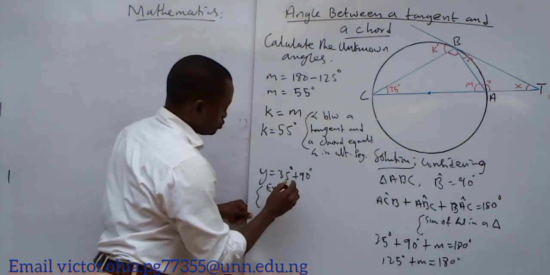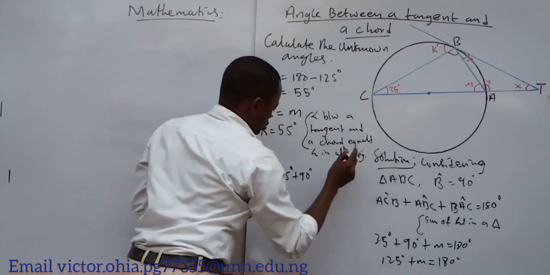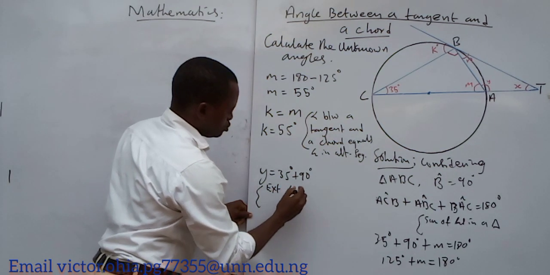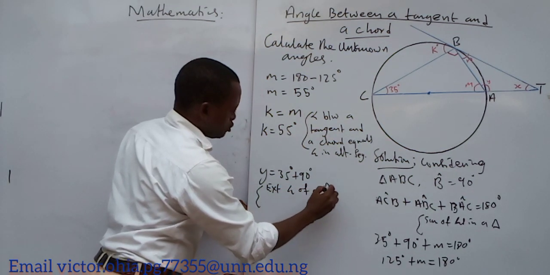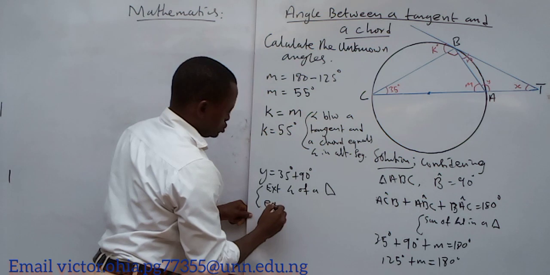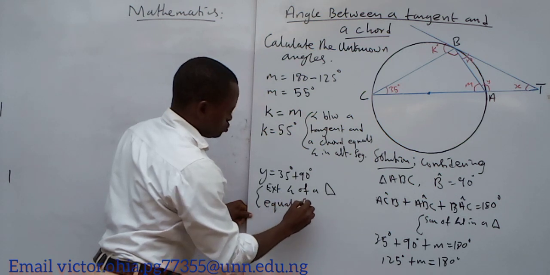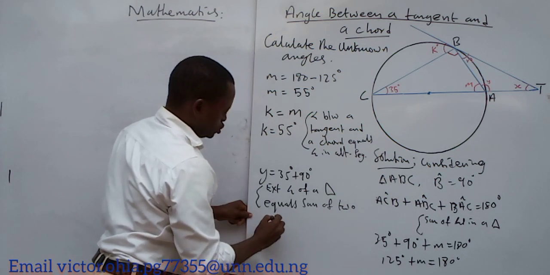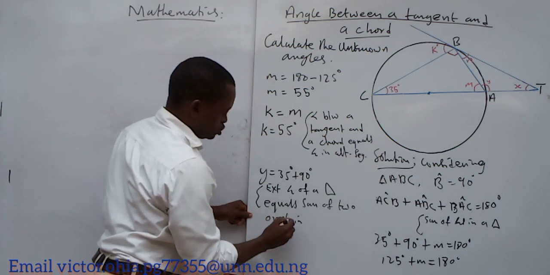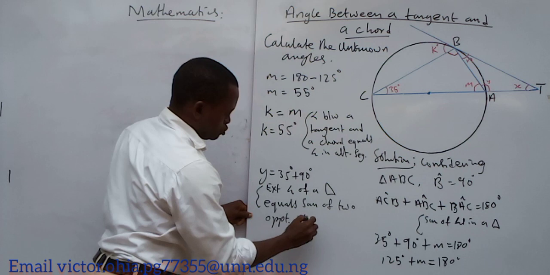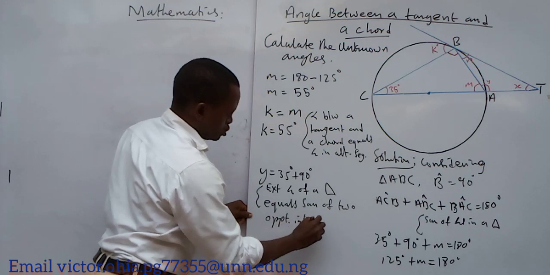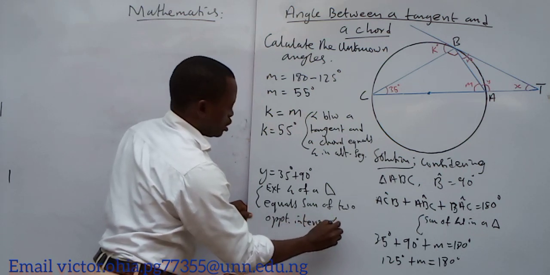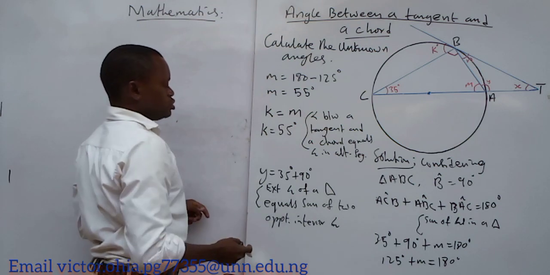You consider that triangle ABC. External angle of a triangle equals sum of 2 opposite interior. I'm using abbreviation. Opposite interior angle. Sum of 2 opposite interior angle.